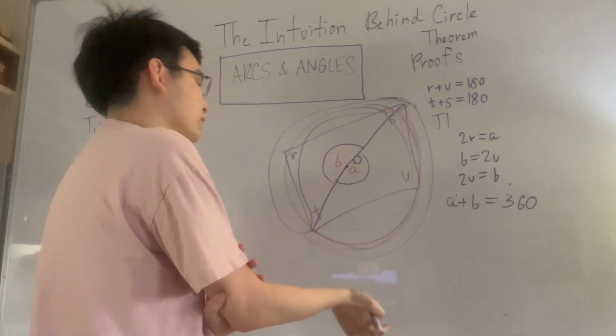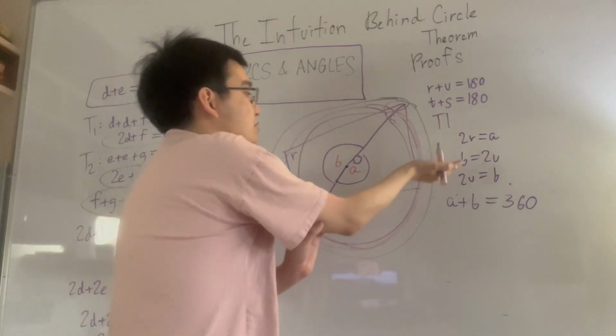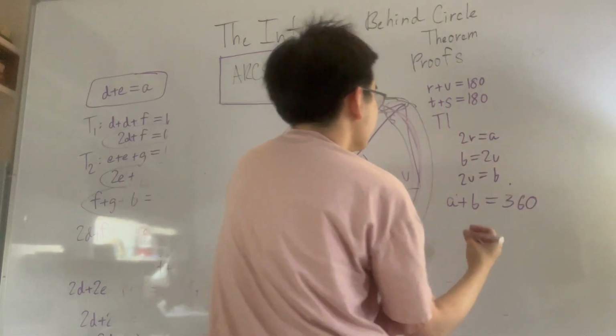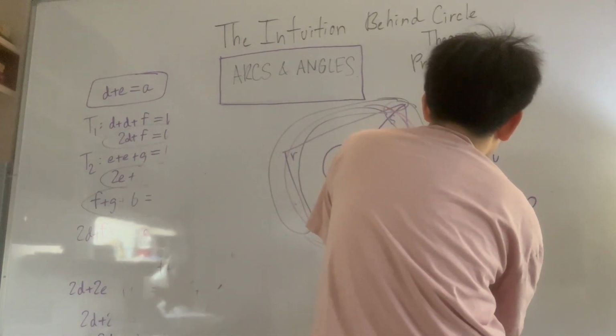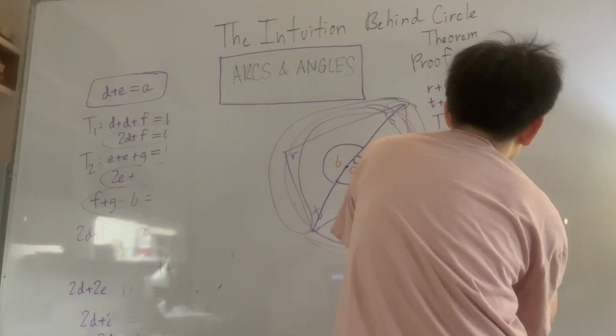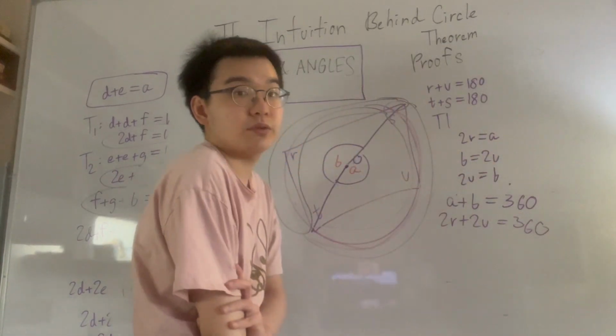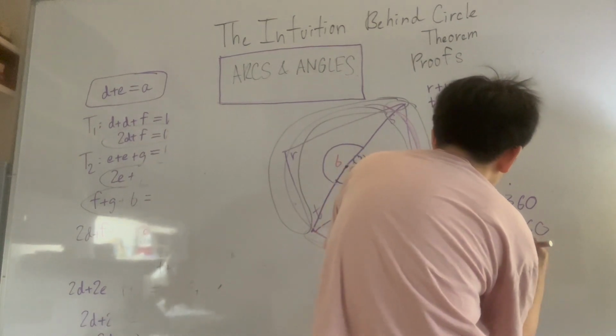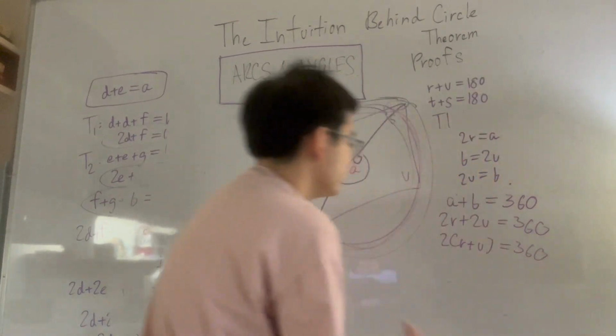But we know from theorem 1 that it's double of those two angles here. So we can substitute these values in to get 2R plus 2U equals 360. I can factor out a 2 now. You get 2 of R plus U equals 360. Divide by 2 on both sides.